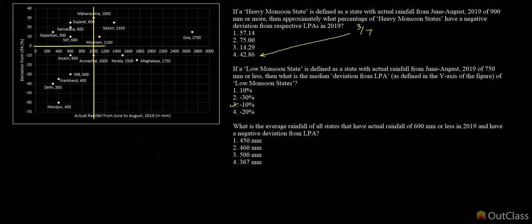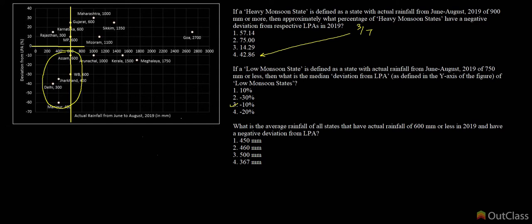So you're basically looking for items here. Wait, I got the vertical line wrong. It should be 600 or less, so it will be here, on or to the left of this vertical line and below this horizontal line. So you're looking for this region.